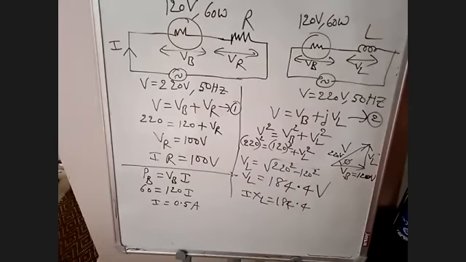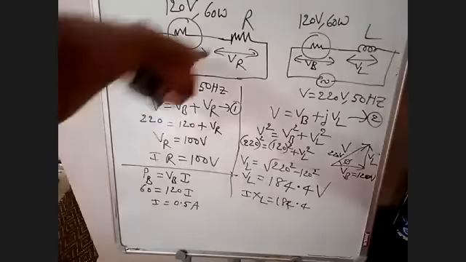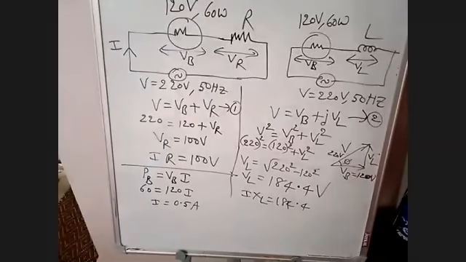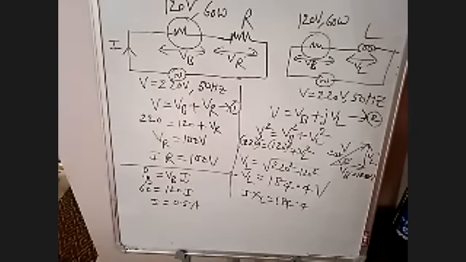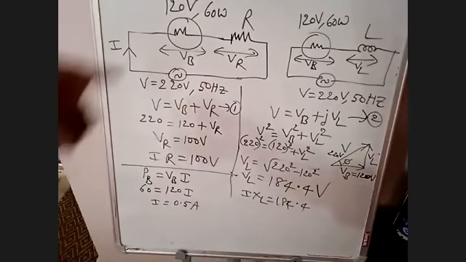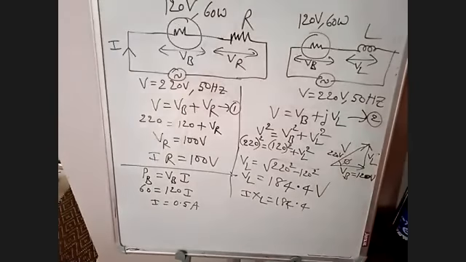Now what is the current flowing in the resistance? Current in the bulb is 0.5. What is the current in the resistance? 0.5. Because in series, current will be same. Whatever the current flowing in this bulb, same current will flow in R also. Now I got I value.